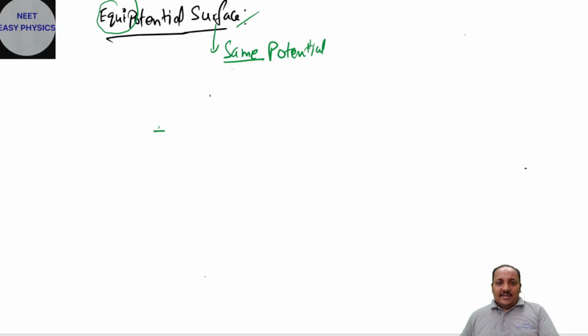If you are taking a positive point charge, at some distance r, at each and every point, because of this charge, what is the potential equation we came to know? Kq by r.